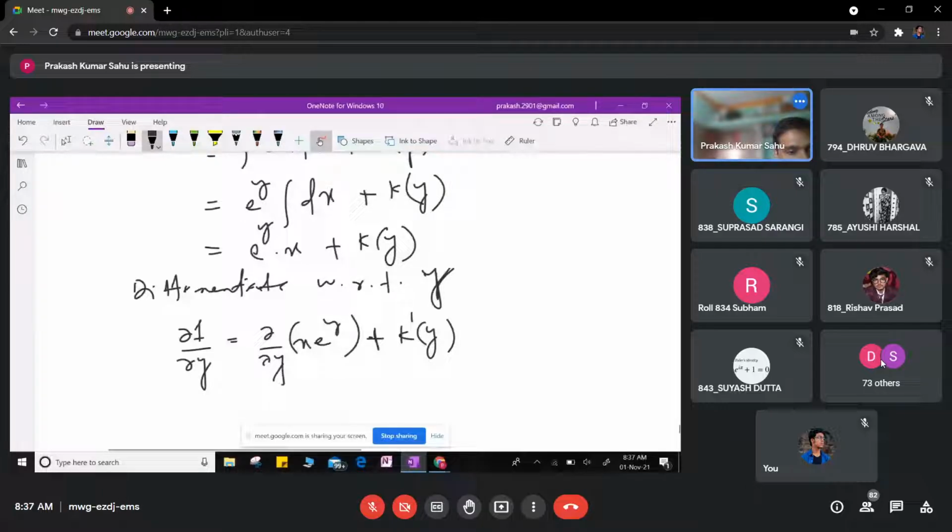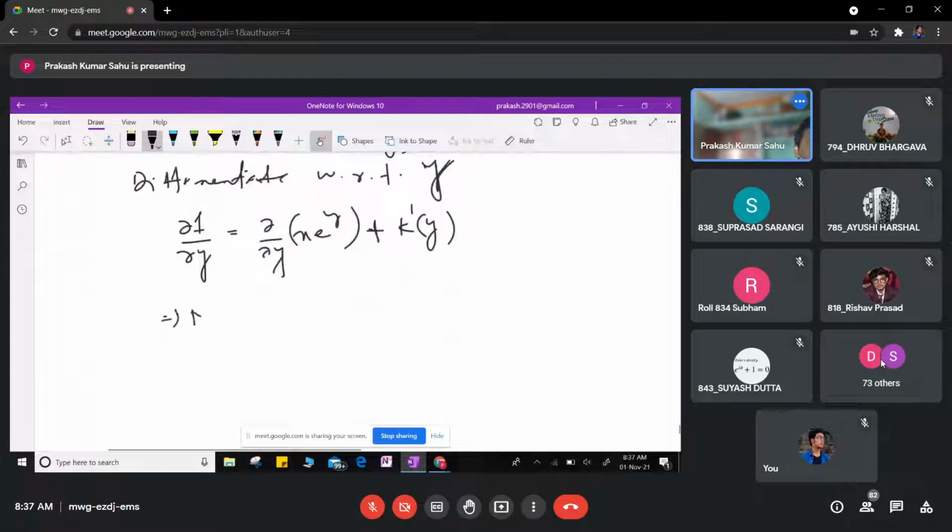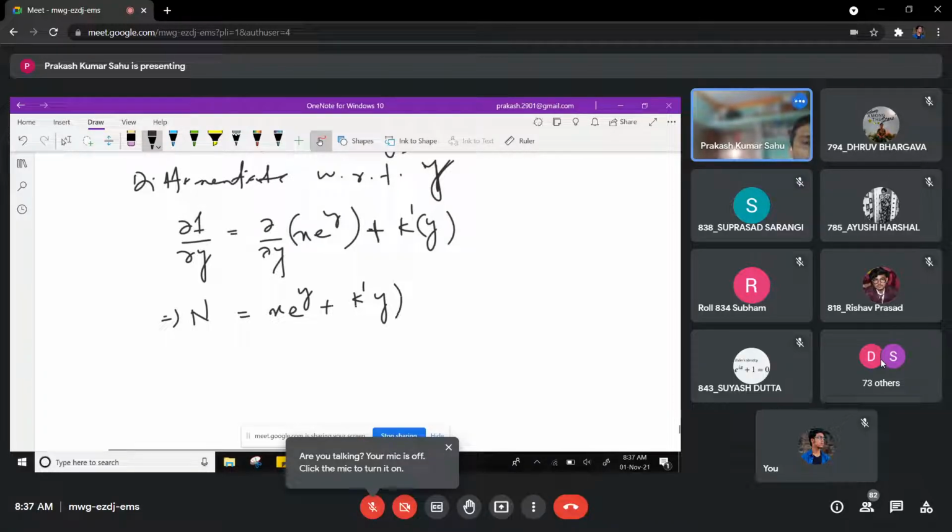That is why I am writing k dash y, because the x term is not there. So del f by del y, this is N, is equal to del by del y of x e to the power y. Differentiating with respect to y, x is constant, so taking x outside, the derivative of e to the power y is the same e to the power y, plus k dash y.